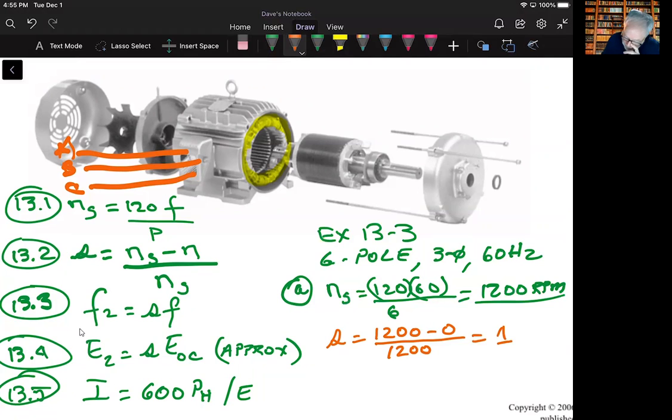Then I can go to equation 13.3, and the frequency of the voltage and current in the rotor is 1 times the frequency of the source. At startup, or locked rotor, it's exactly the same.